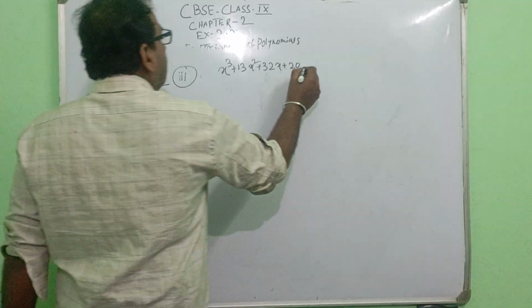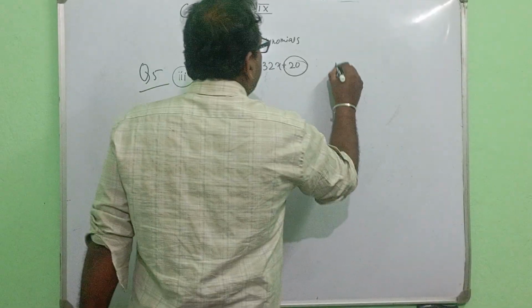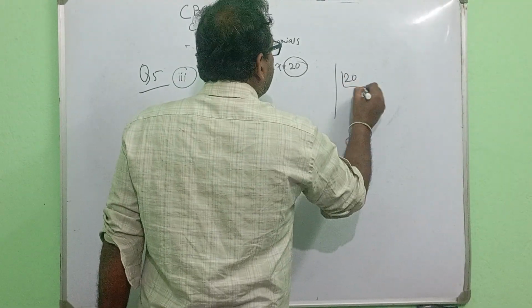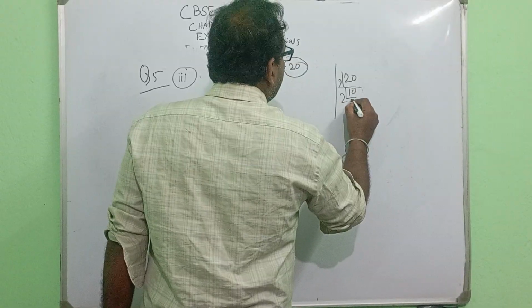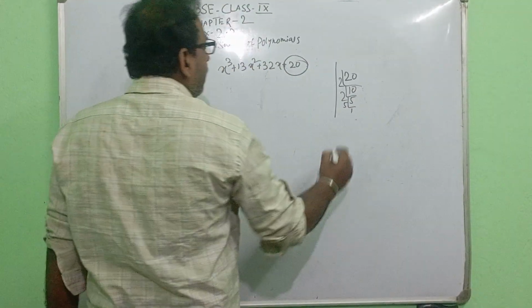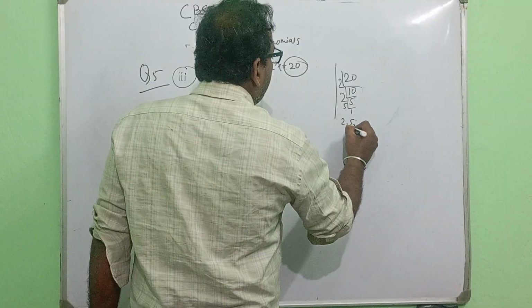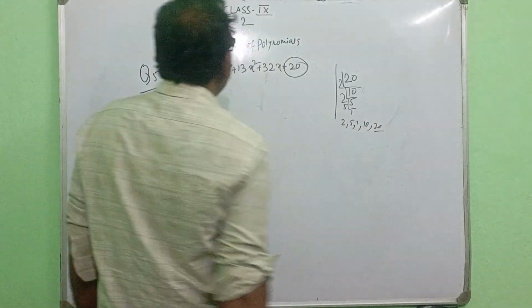So the factor may be from 20. If we take 20, that is 2, 10, 2, 5, 5, 1. The factors may be 2, 5, 1, 10, 20.